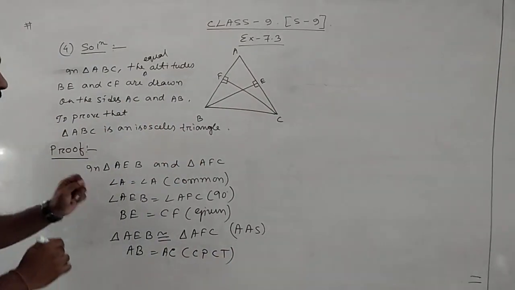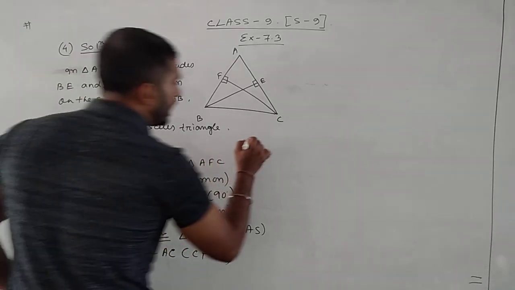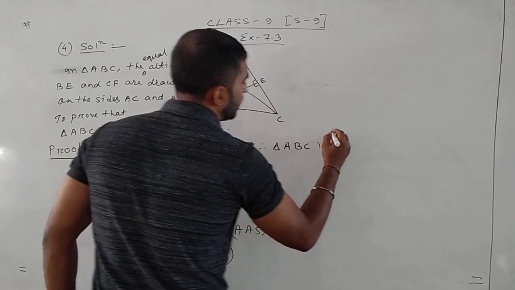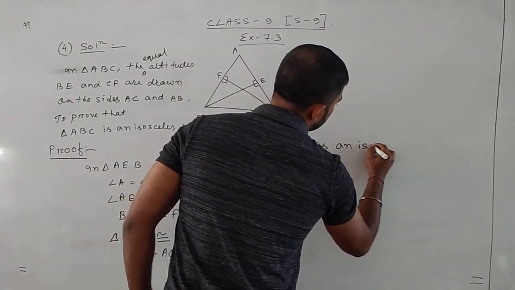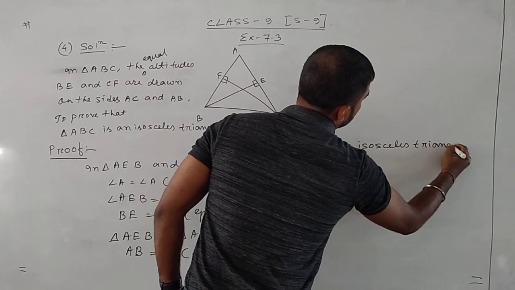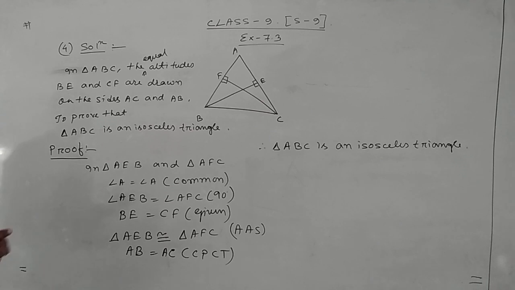Now in triangle ABC, AB equals AC. That's why ABC is an isosceles triangle. Therefore, triangle ABC is an isosceles triangle. This is the second method. If the method is not mentioned, then you can use the previous one or the second one. Both are correct.